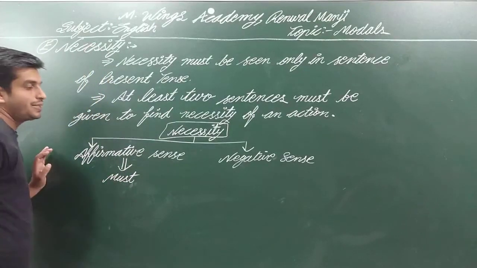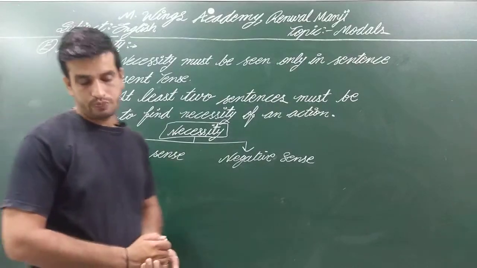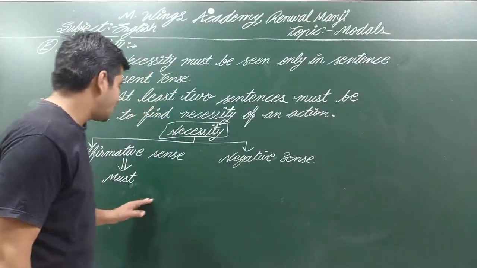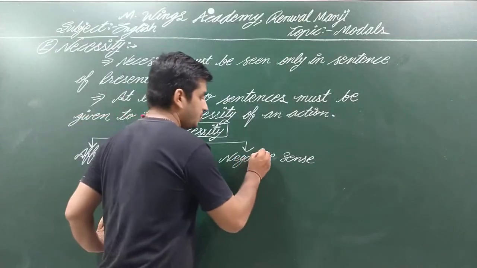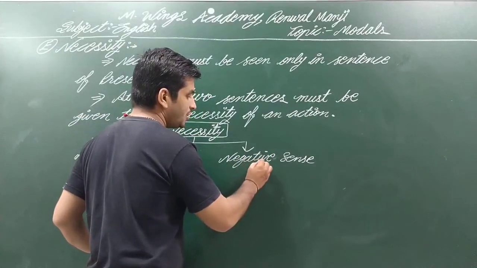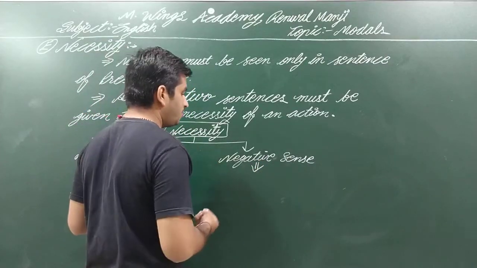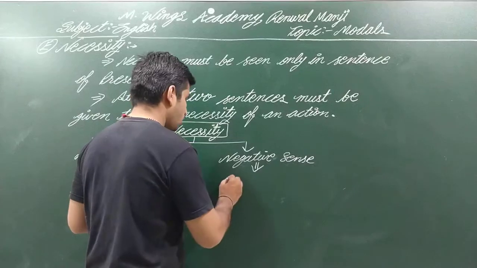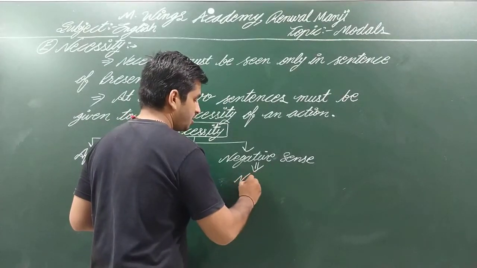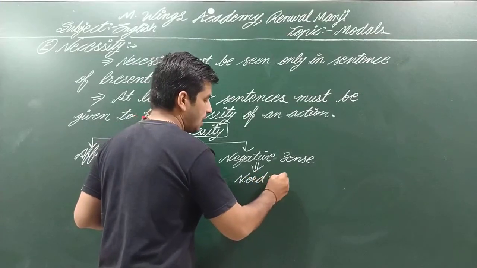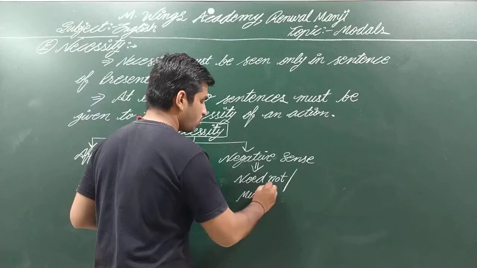If the action is necessary to be done, we write the must model. If there is a negative sense, otherwise it is not necessary to do such an action, we write need not, otherwise we can use must not also.